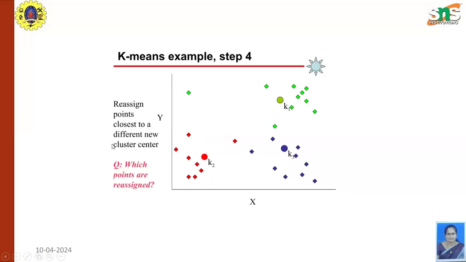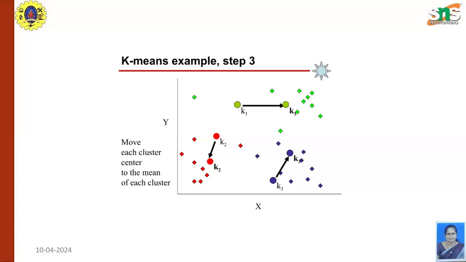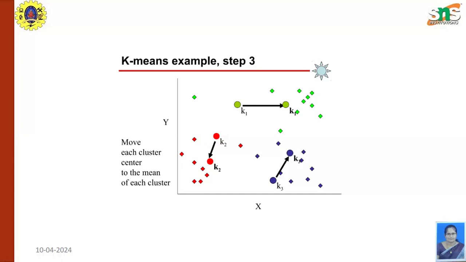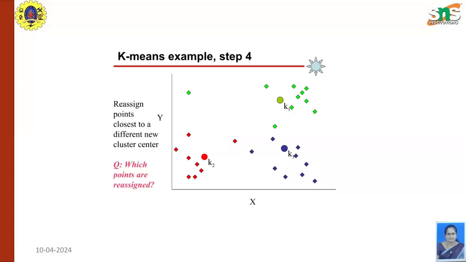Then in the next step, we reassign the points closest to the new cluster centers. From this, we decide which points to reassign, because previously we identified only the initial cluster centers. Then a new center is created by using the mean. After that, you decide which one to keep and which one to remove.